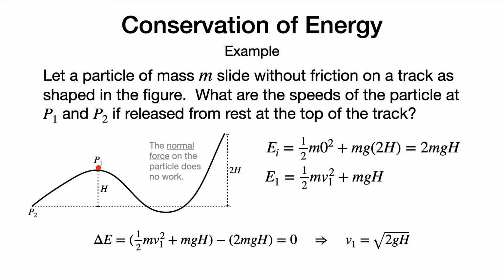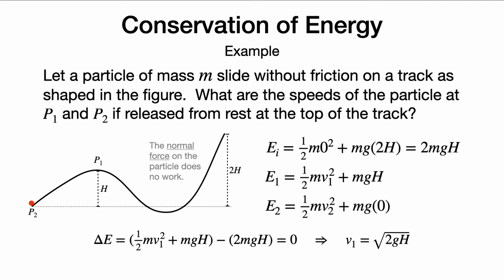Now, it's important to remember that this is not simply the velocity of the particle that it gets from falling freely in the vertical direction. This is the speed of the particle at this point on the track. The direction of the velocity is going to be along the direction of motion along the track.